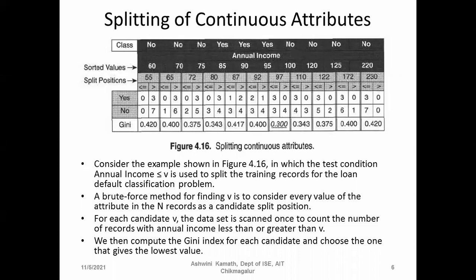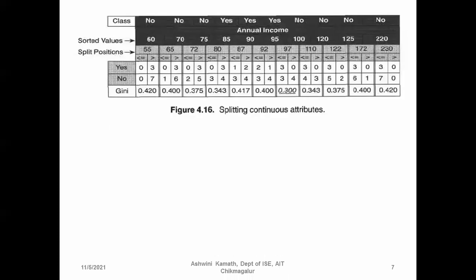I hope you are getting this. So for each candidate, for each record, we have to count the number of records with annual income less than or greater than the value we have taken for B. Then we compute the Gini index of each candidate. That is, if we have 20 records, for all the 20 records we calculate the Gini index, so 20 Gini indices will be found, and we choose the one which gives the lowest value.